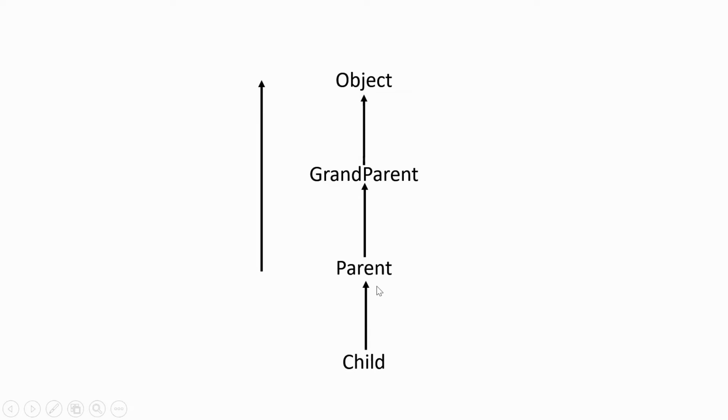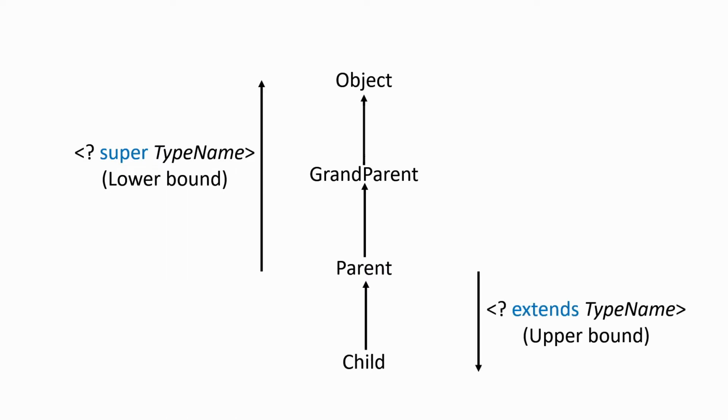So if you mention parent over here, you have seen all types that are super class of parent you could assign to lower bound, and all types that are parent and its subtype you could assign to upper bound.